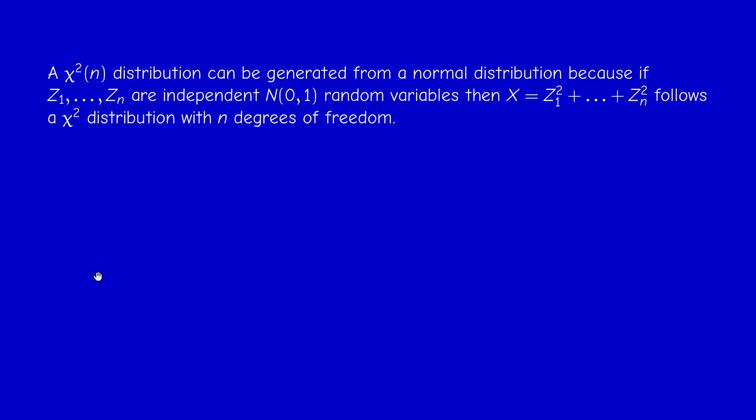The first definition is that a chi-square distribution is the sum of the squares of independent standard normal distributions. So if Z1, Z2, ..., Zn are independent standard normal, raise each one to the square and take the sum, then you have a chi-square distribution with n degrees of freedom. Maybe this is the definition that you know.